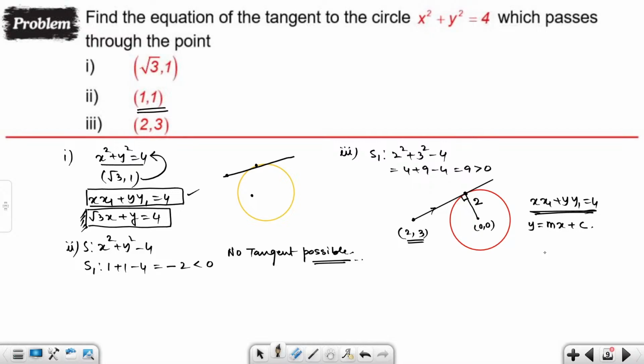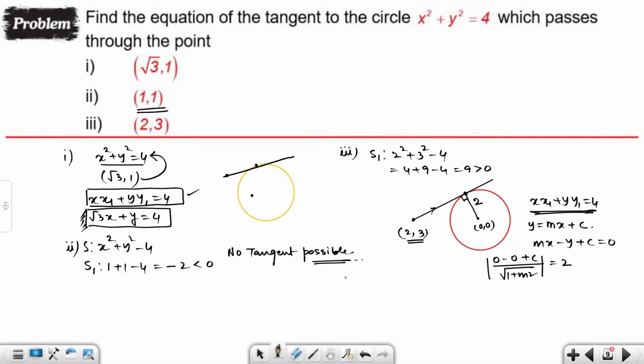So what I will try to do here, I will simply put this in the form mx minus y plus c equals to 0. This is the equation of the line. Now let me draw a perpendicular from the origin. So what will be the perpendicular distance? The perpendicular distance is nothing but 2.